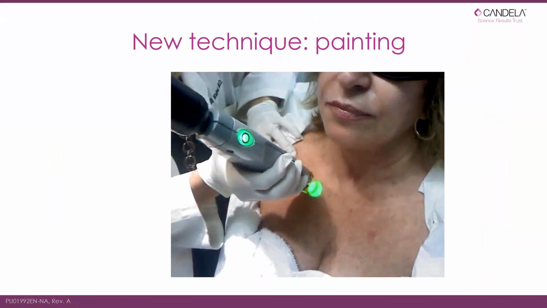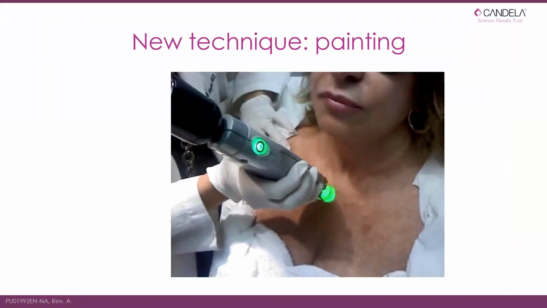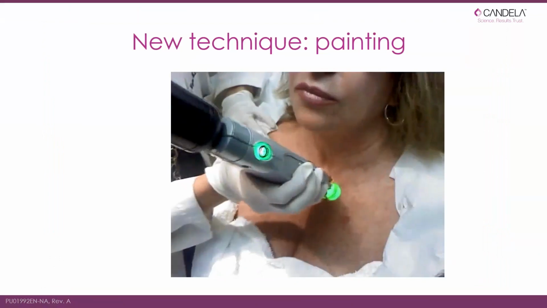When we're treating larger areas, for instance, the chest, rather than firing just single pulses, it is possible to set the handpiece up with a higher repetition rate. And what we then do is we do 1 pass across the whole area, but we slightly defocus the handpiece.